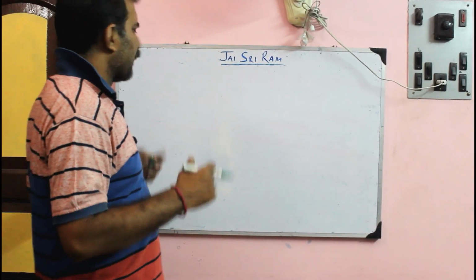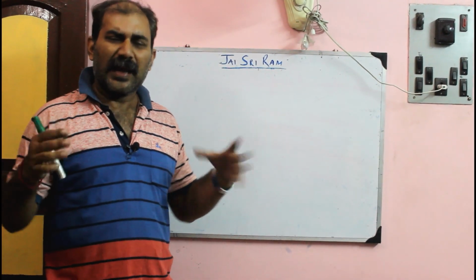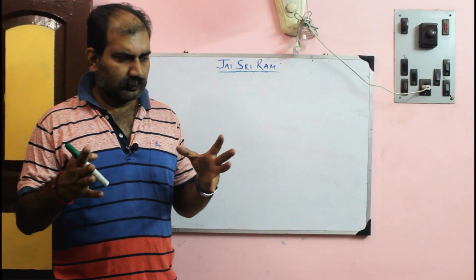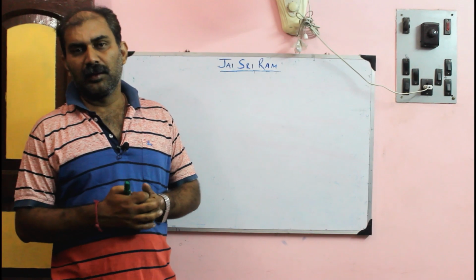Moving on, friends, sometimes I have heard many guardians, many parents telling me that they have seen students whose writing speed is very slow and there is a problem regarding spelling.